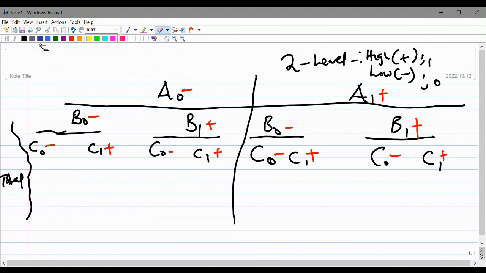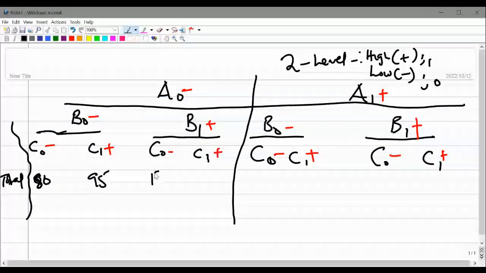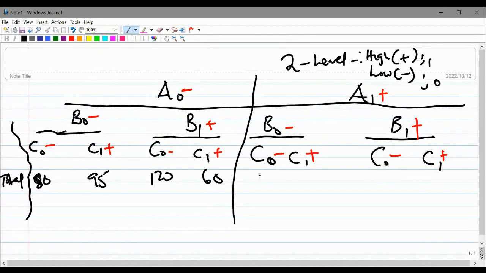Suppose the totals for these things here, just to save time, maybe the total for whatever is happening here was 80, 95. So suppose these are the grand totals: 120, 60, 100, 240, 400, 320. Suppose these are the totals.